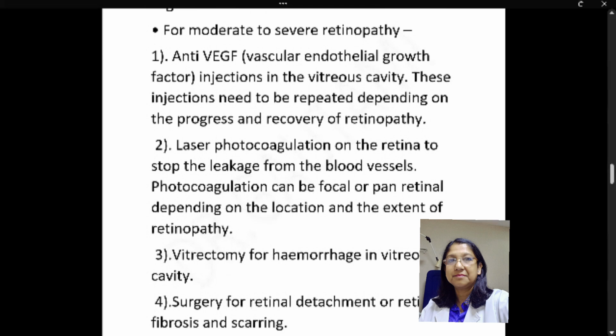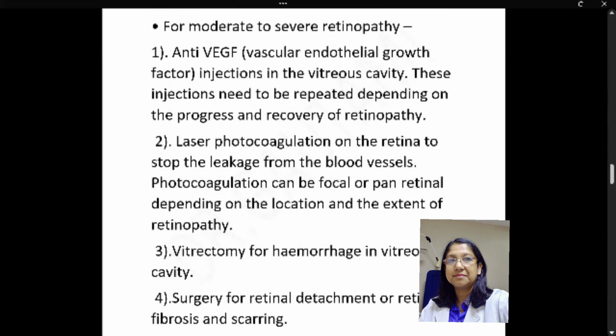Next is laser photocoagulation. When to do the laser photocoagulation on the retina? It is done to stop the leakage from the blood vessels, because leaking blood vessels cause retinal edema, macular edema, and the vision is deteriorating because of the macular edema. So, laser is given focally or pan-retinal.